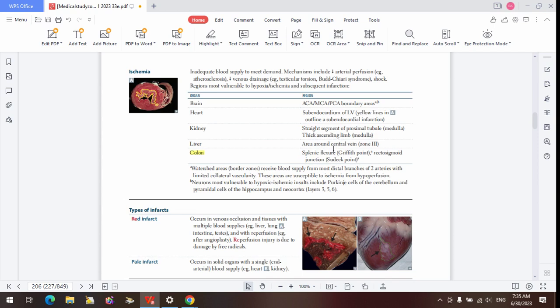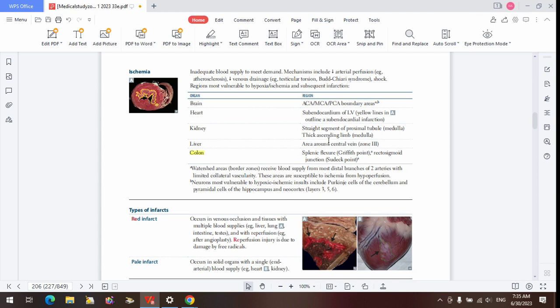Hello? Yes, we're with you. Exactly. So it means that their metabolic demand is higher than the other regions of the nephron. That is why they are the ones most vulnerable to hypoxic or ischemic insult, and particularly not their cortical segment, but their medullary segment.